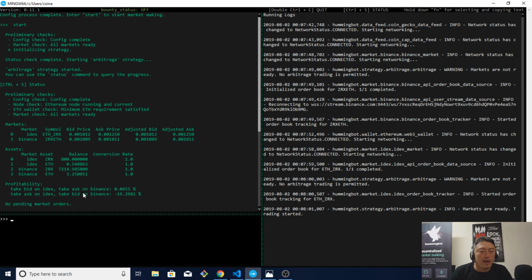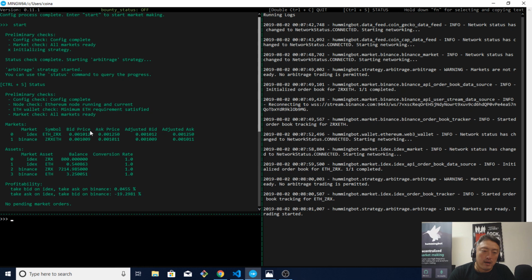Right now it looks like there is a slight arbitrage on one side. This is if you are taking the bid on IDEX and taking the ask on Binance. In plain English, this means that you are selling on IDEX and buying on Binance. Let's walk through how this calculation is generated using these prices.